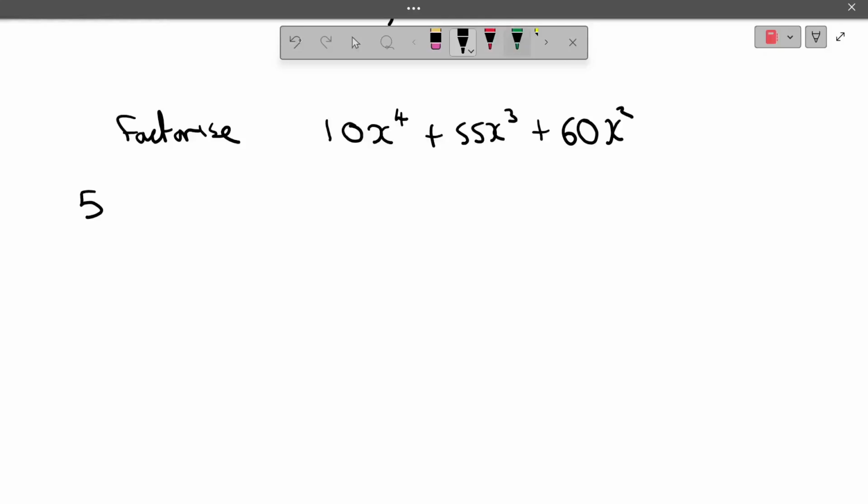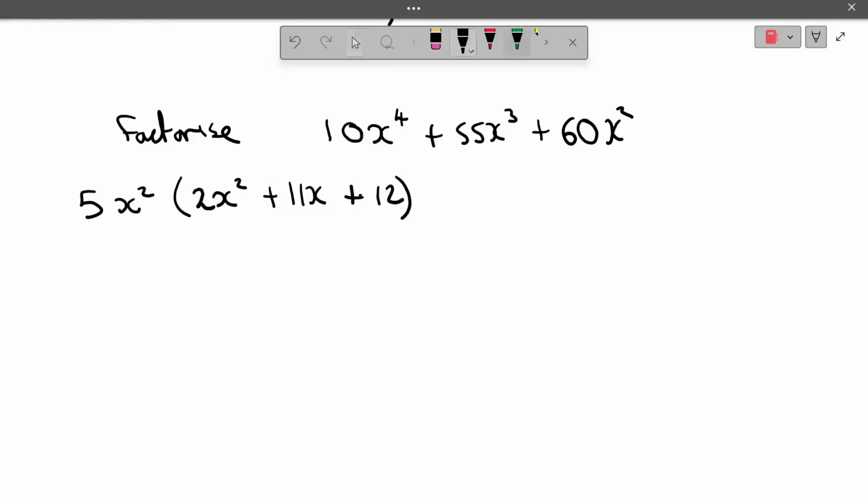So you kind of have to keep an eye out. It's not overly obvious every time. Just being a little bit careful. And then I look, well, what do they all divide by? They all divide by x squared. I'm going to put brackets, and then we end up with 2x squared plus 11x plus 12.